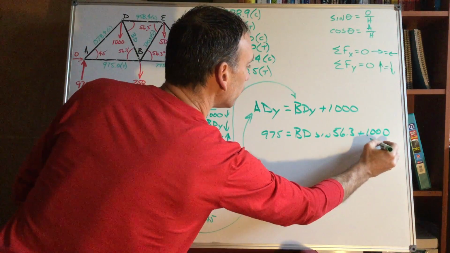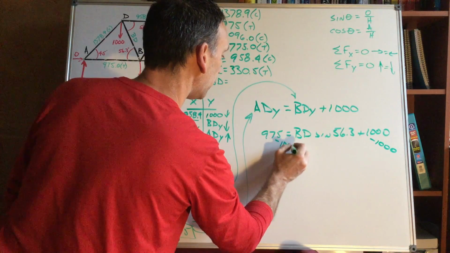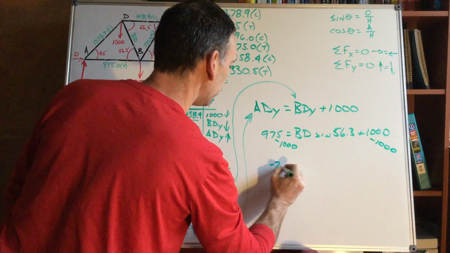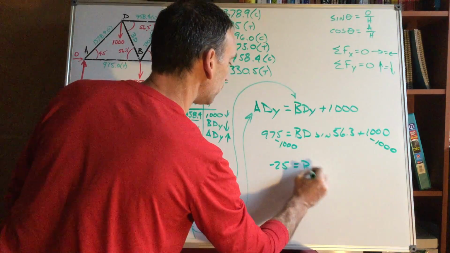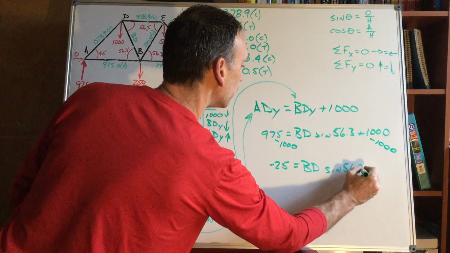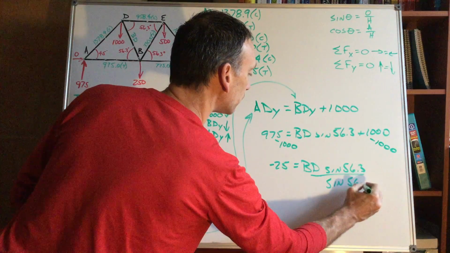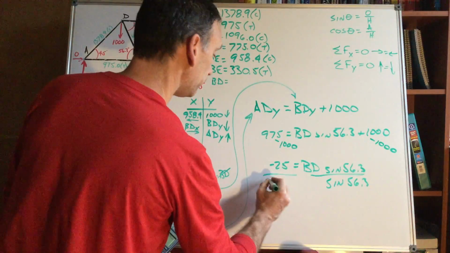So minus 1,000, minus 1,000, and we get negative 25 equals BD sine 56.3. We divide by sine 56.3.